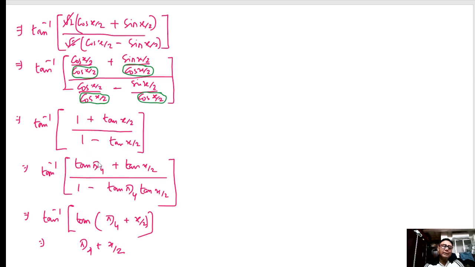Now in place of 1 I can write tan pi by 4, so this 1 can be written as tan pi by 4. Now this is the formula of tan of x plus y: tan x plus tan y by 1 minus tan x tan y.